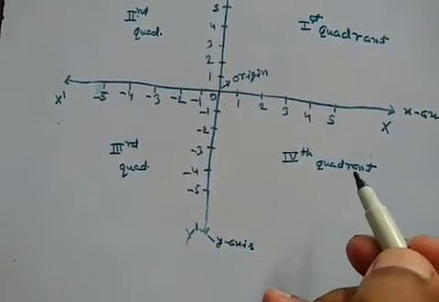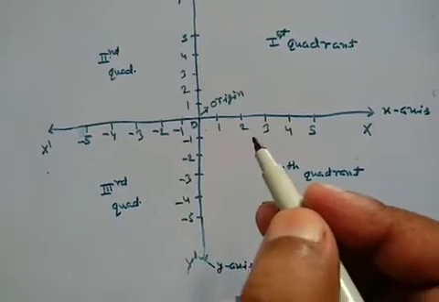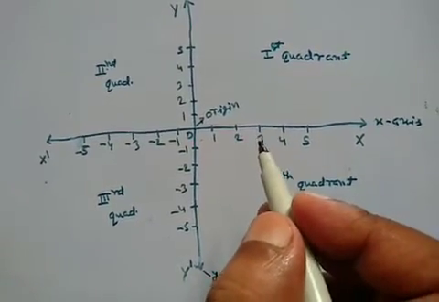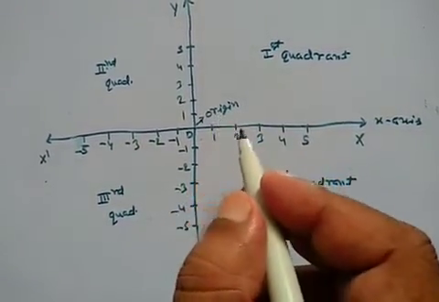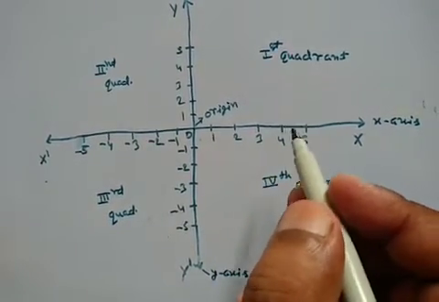Now, using these axes, we can describe any point in the Cartesian plane using an ordered pair of numbers.